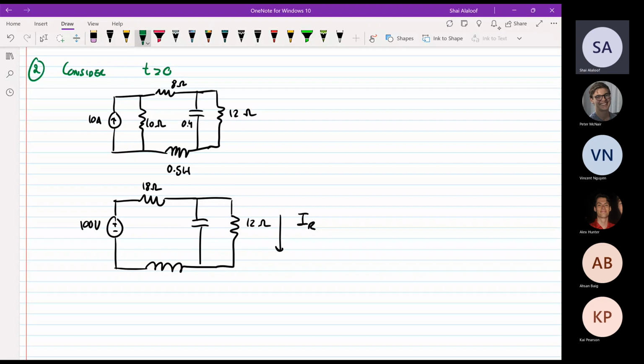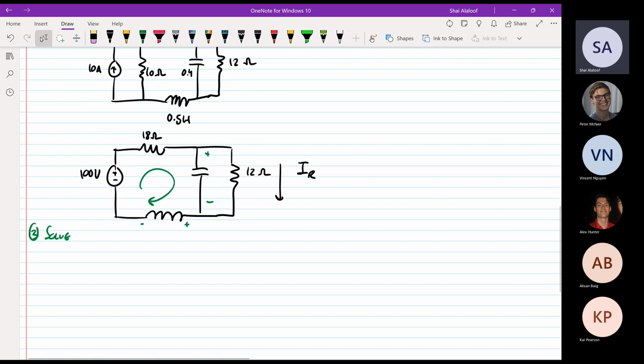Next step is to derive the differential equations. So I think I'm just going to do a KVL in the first mesh right here, and I'm taking the capacitor voltage as this.